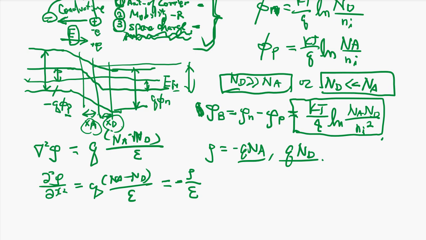Okay, so in this case, this distance, xd, equals the square root of 2 epsilon phi over q Nd, the same equation we can get. So we can estimate the thickness of this depletion layer.